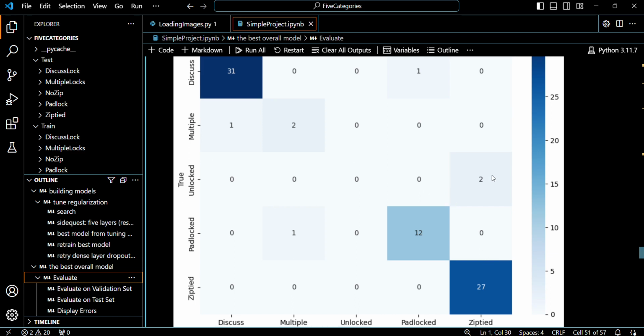So we could just lump the unlocked category in with the zip tied unit, because if it's zip tied, it is unlocked. We could lump those together into one category, in which case the model performed even better than what we just said.